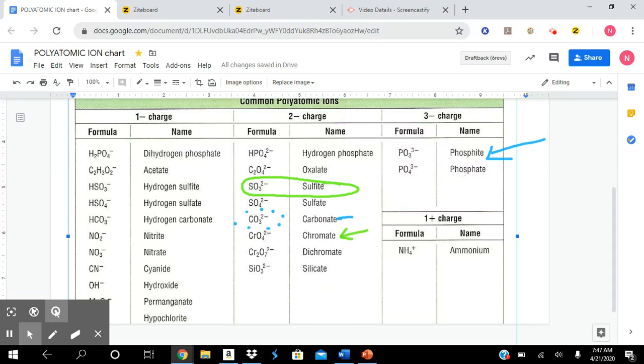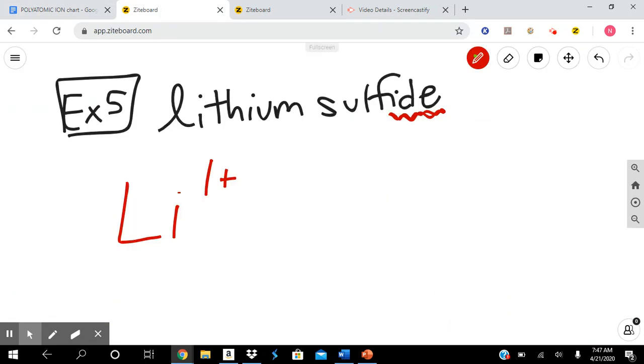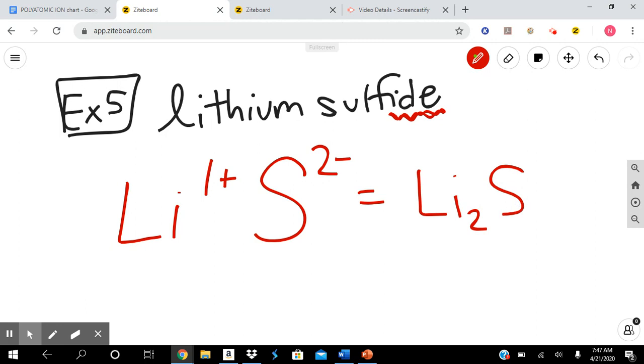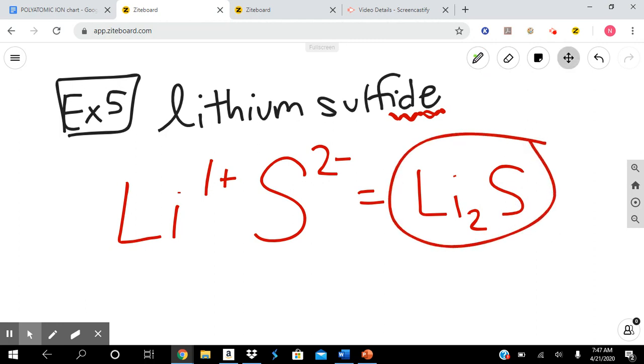You can't find it on the polyatomic ion chart because it's not a polyatomic. This guy is a monoatomic. So this is what we did last week and the week before that. It's just a single S, S2 minus. So this one is Li2S. So there's a difference.